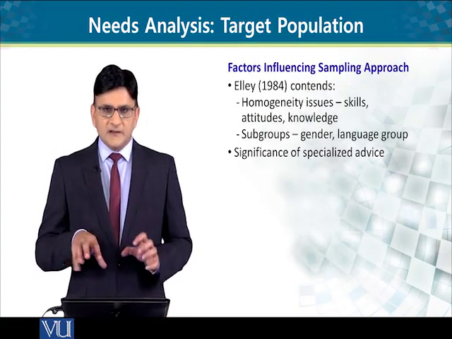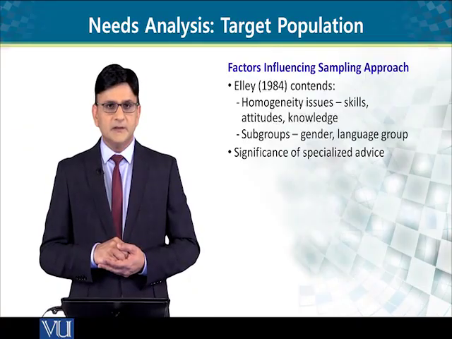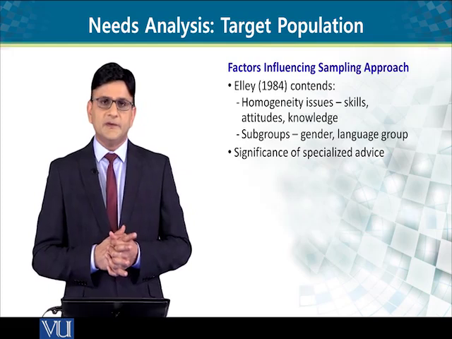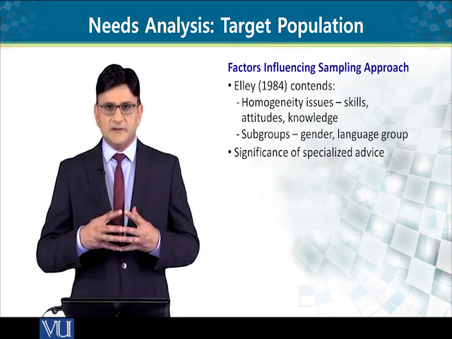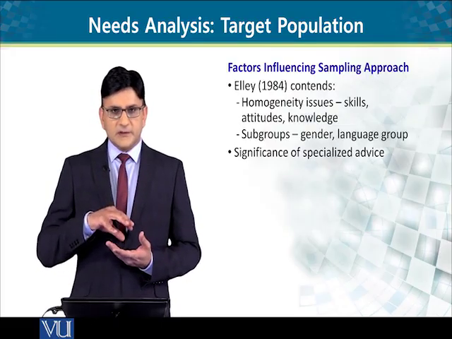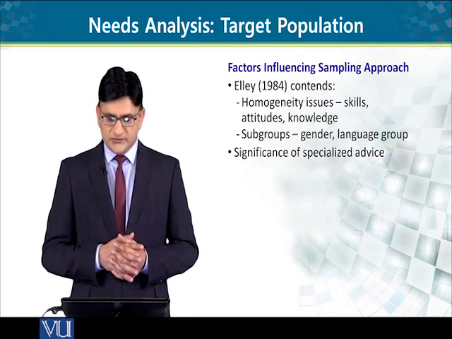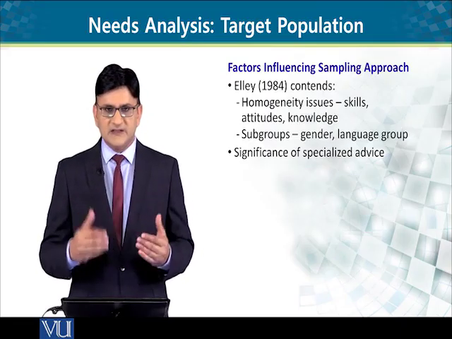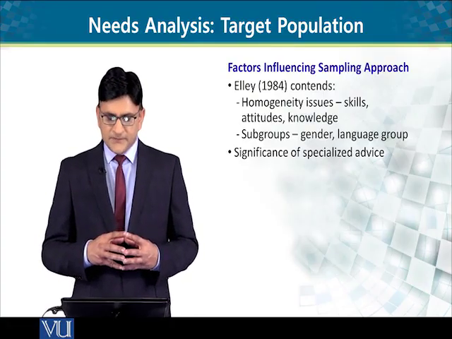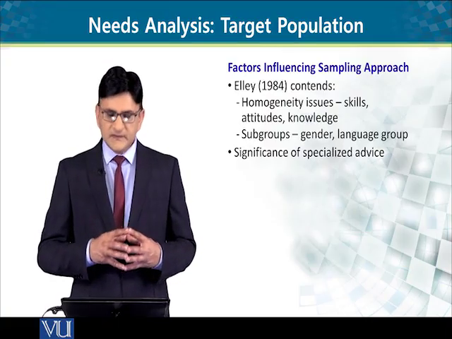Okay, and I think we need to make a very important point here when we talk about various factors which influence the sampling approach. Okay, so these factors revolve around the skills, attitudes, or the general language proficiency of the students. And then we need to think about gender.